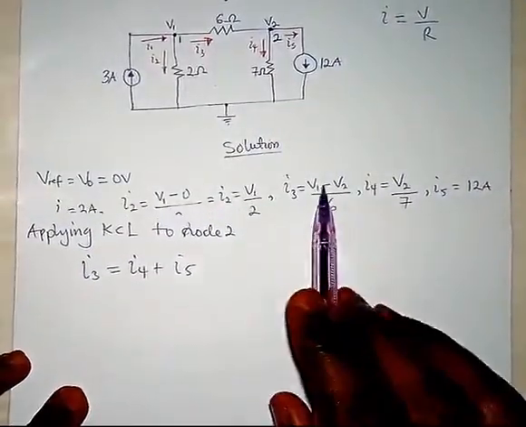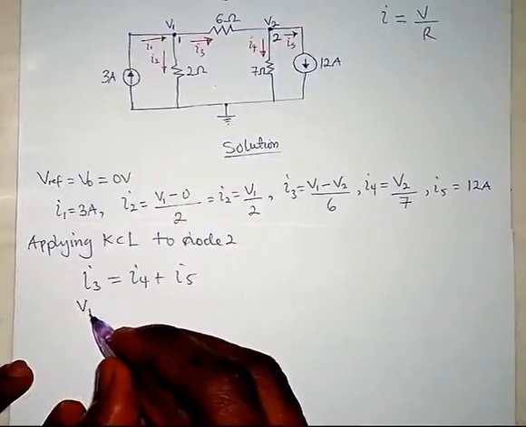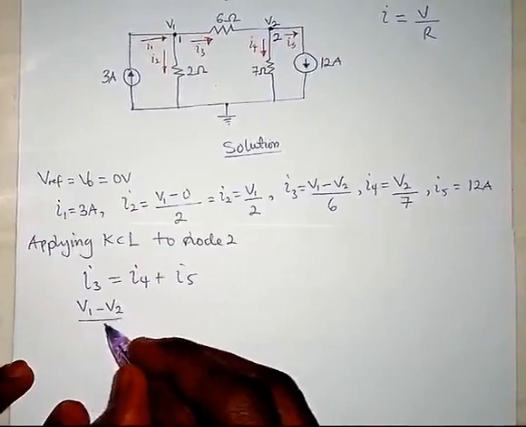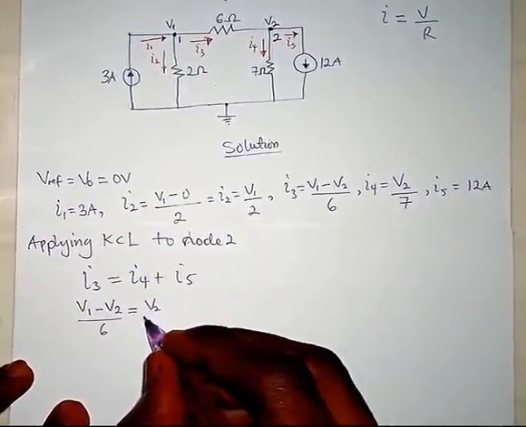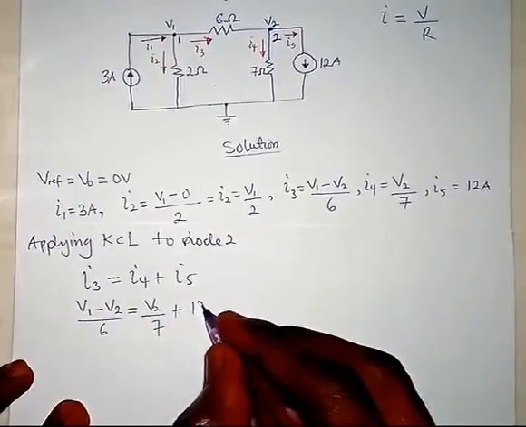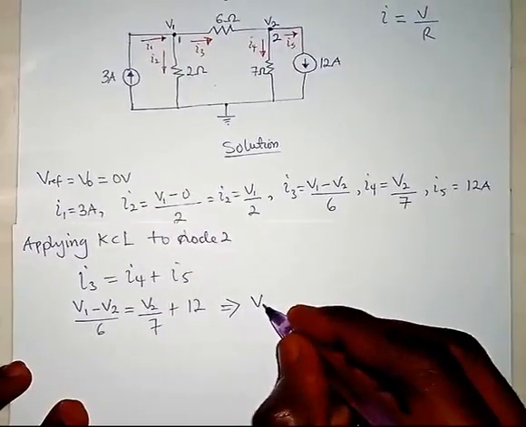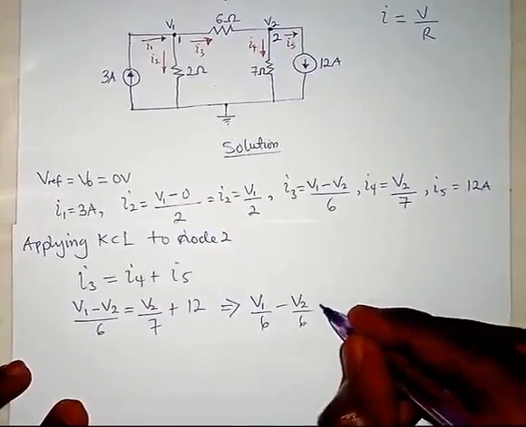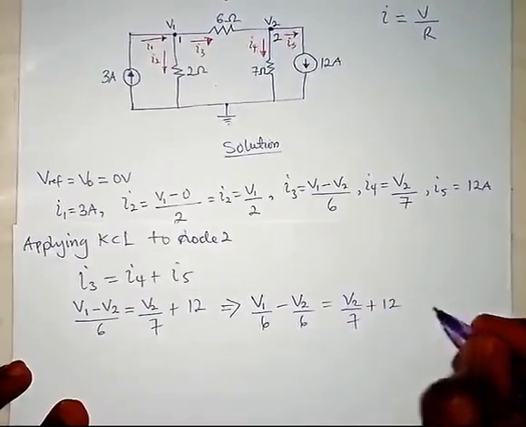Now I3, from what we defined here, is given by V1 minus V2, divided by 6, equals I4, which is given by V2 over 7, plus I5, which is given by 12 ampere. Right? This is simply the same thing as saying V1 over 6 minus V2 over 6 equals V2 over 7 plus 12.